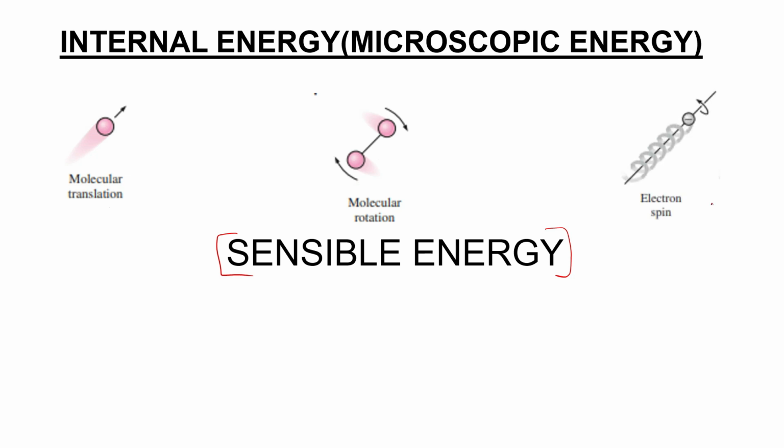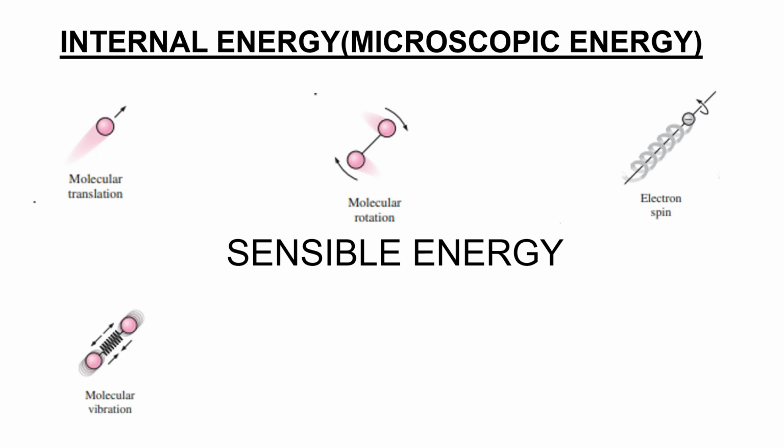And then you have the electron spin. These atoms or molecules have electrons, and these electrons spin on their own axis, and due to this spin, there is an internal energy.